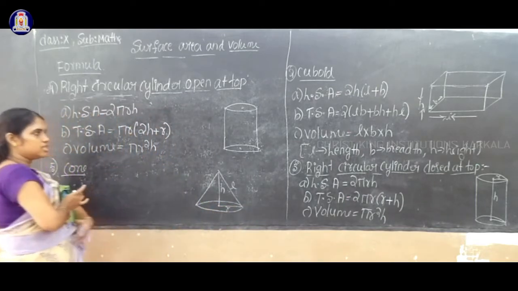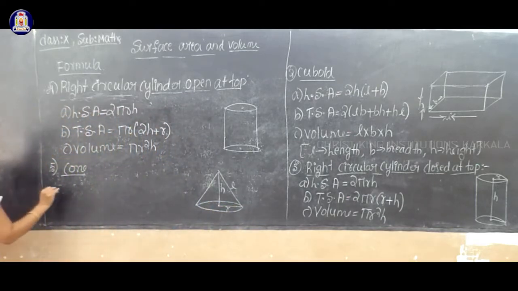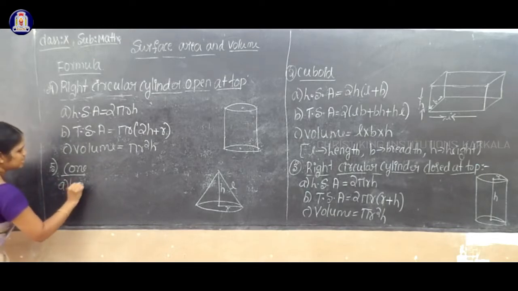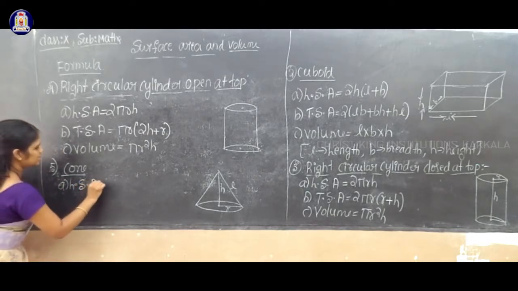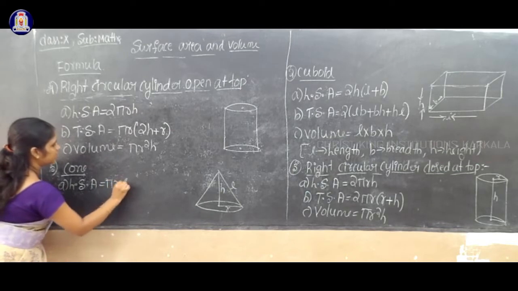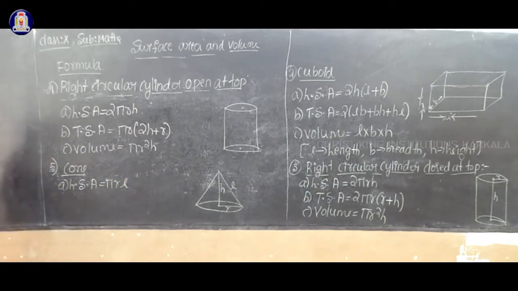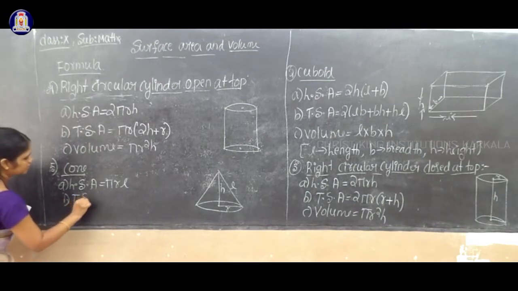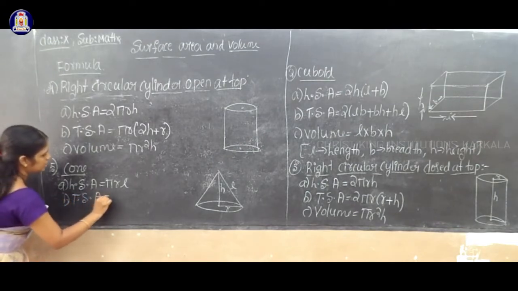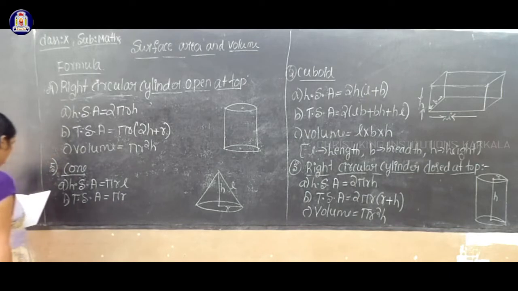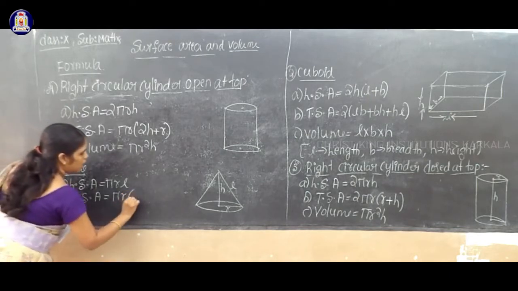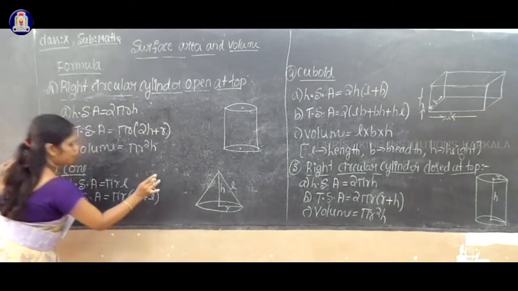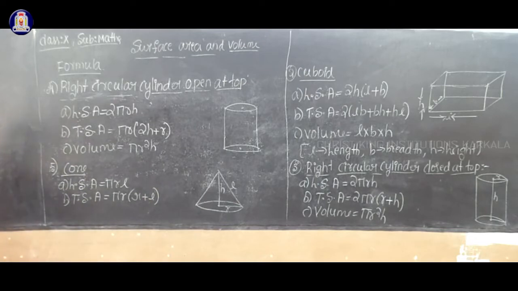First, the formula for LSA: LSA of the cone is given by pi r L. Next, TSA is equal to pi r into r plus L.